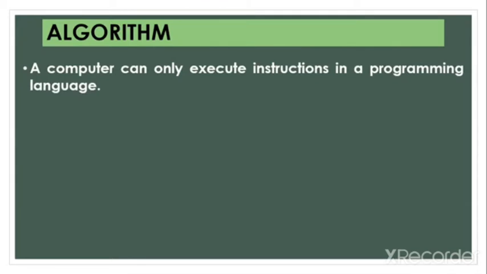So each instruction we give is a command. So based on that command only the computer performs the particular task. So we are using programming languages to communicate with the computer. So whatever problem it is, if the computer has to execute it, we have to give all the instructions in a programming language.